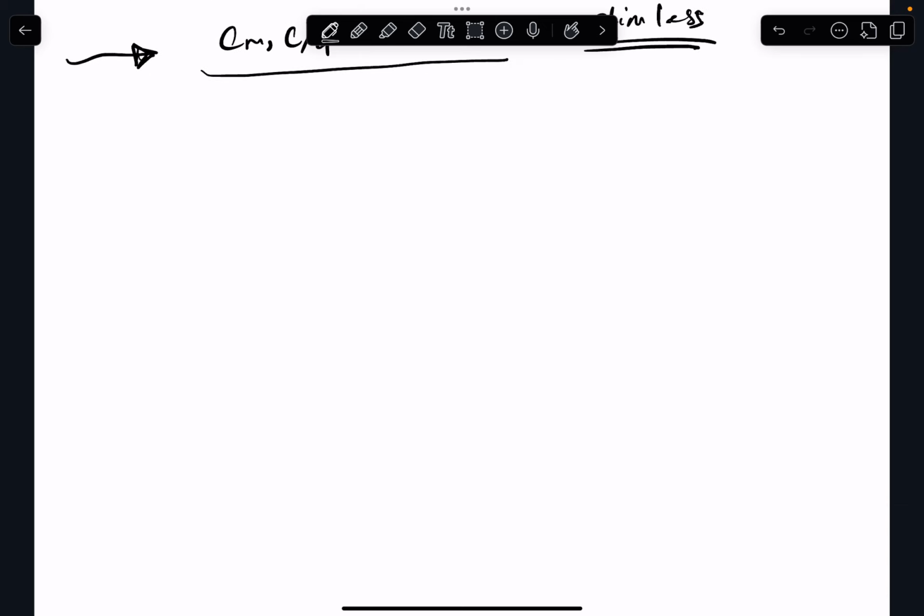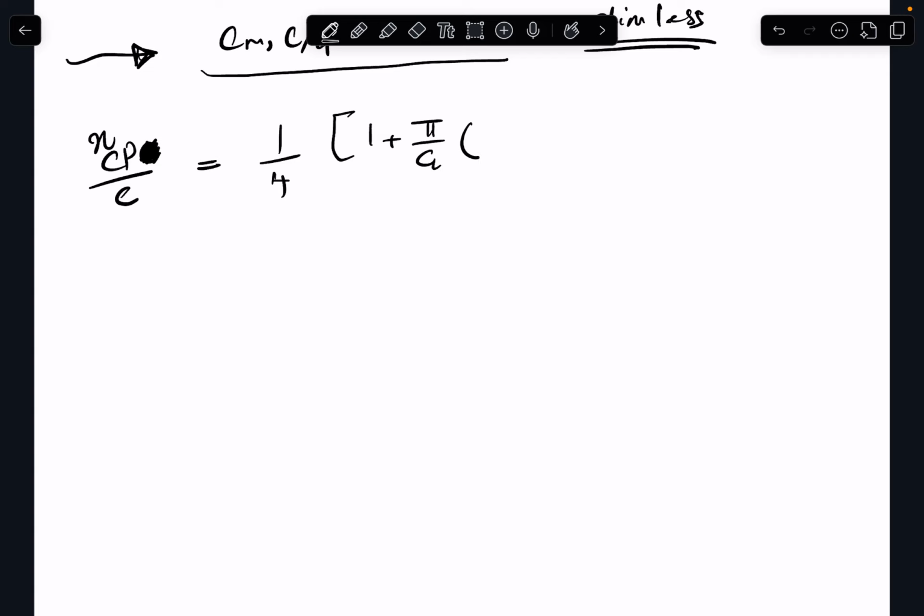The last part of the problem is asking us to find the location of the center of pressure divided by the chord length. We have an equation for this again, which is x of Cp divided by c is equal to 1/4 times 1 plus pi over Cl times a1 minus a2.